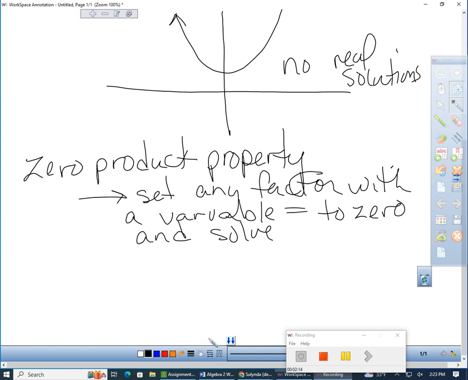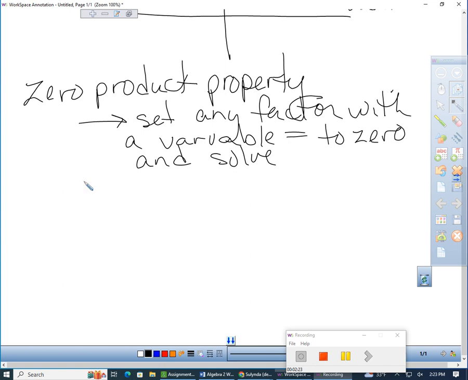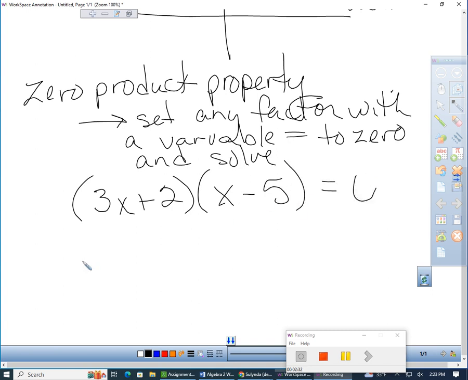So, for example, if after I factored it, my factors were 3x plus 2 times x minus 5, I would set each one of those factors equal to 0. So 3x plus 2 equals 0, and x minus 5 equals 0.